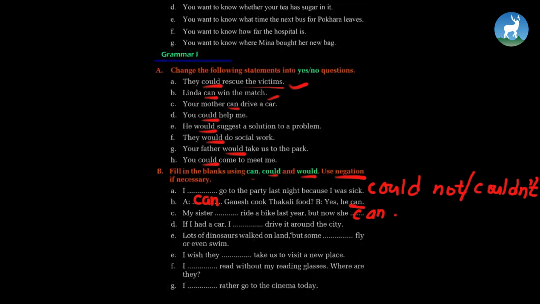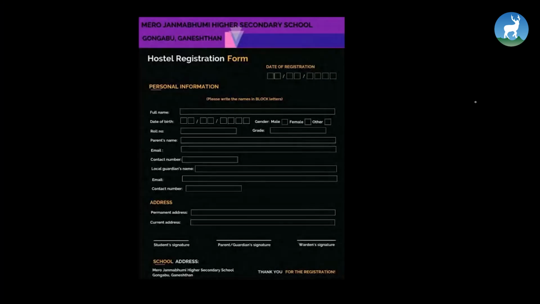Do try it. Now students, let's dive into this form where you need to fill it up using your personal information. Date of registration. You would be writing the date. The most preferable format is DD MM YY. So first of all, you'd be filling the date, then the month, then the year. Please do fill it. Then here is your full name.